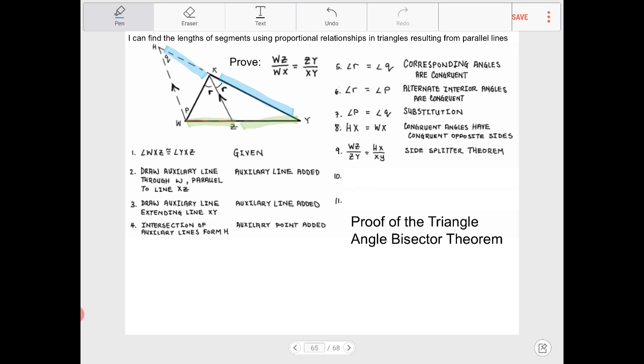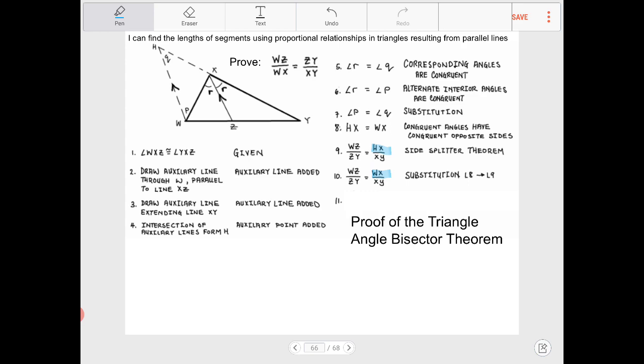That must be true. So hold on a sec. If that is the case, isn't HX equal to WX? So I want to make a substitution. HX indeed is equal to WX, and that's because of substituting information from line 8 into line 9.